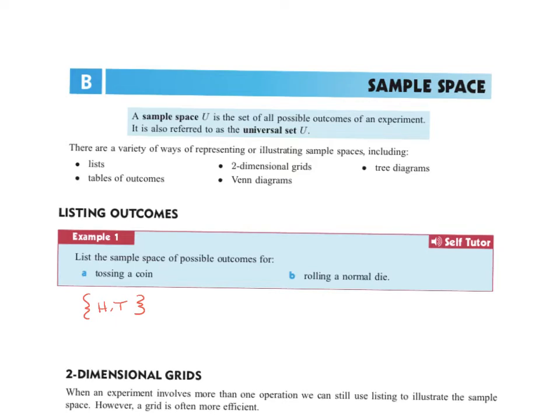What about for rolling a die? Well, the sample space for that are the numbers 1 through 6: 1, 2, 3, 4, 5, and 6. Because there are 6 possibilities when you roll a die. You might land on a 1, you might land on a 4, you might land on a 6.